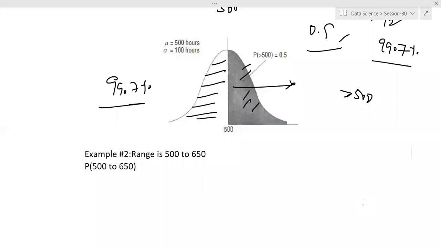Our interest is to compute the number of members who took 500 to 650 hours to complete the syllabus or training program. So mean plus 1 standard deviation, 500 plus 100, is 600 hours. Can you say the percentage?